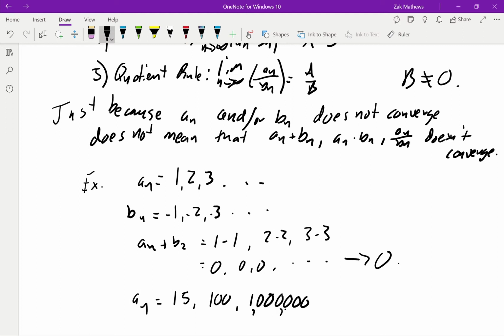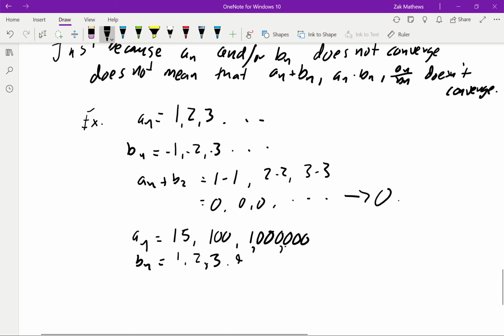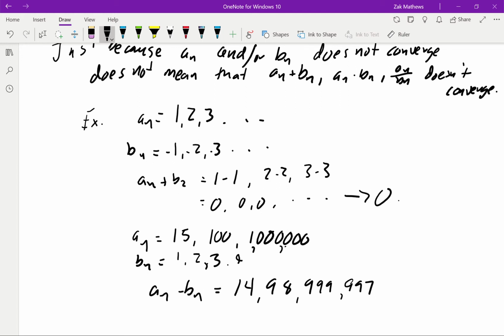And then b_n is equal to 1, 2, 3, 4, and so forth. Well, clearly, if we do these fractions, we're going to have 14, 98, 900,000, 999,000, and 997. Let me make that comma smaller so we can tell it apart. And clearly that's still going to infinity.